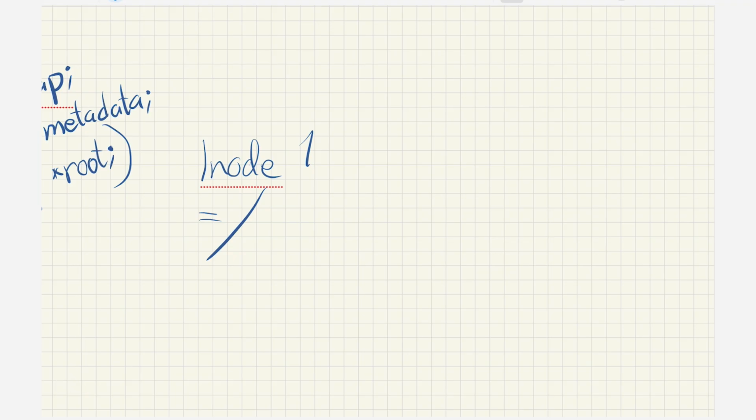We will have something called fs create, which will create a file, an inode. And we will have an fs destroy, which will delete an inode.